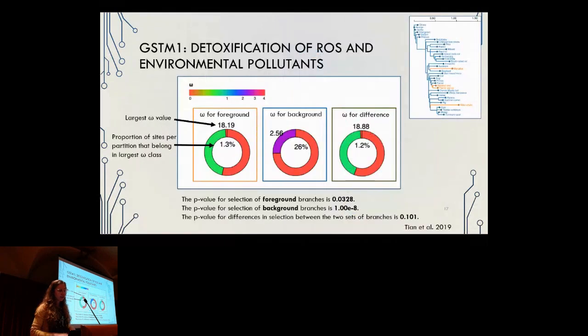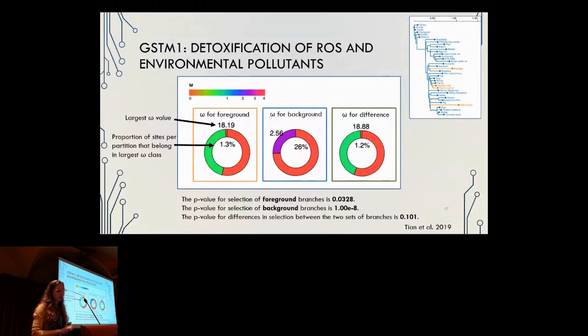So once again, all of these top values, the omega values, are greater than 1, indicating there was some positive selection. This time, when we did our test, the test for positive selection in the foreground and the test for positive selection in the background were both significant. However, the test for the difference in selection between the two sets of branches was not significant.